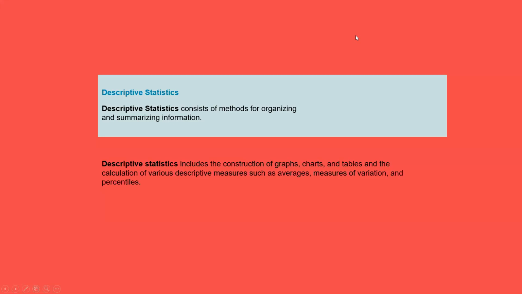So this section here is what we call descriptive statistics, right? This section 1, and these are methods for organizing and summarizing information. So this includes graphs, charts, tables, descriptive measures such as averages, measures of variation, and percentiles. What this section is about is taking data and turning it into information.